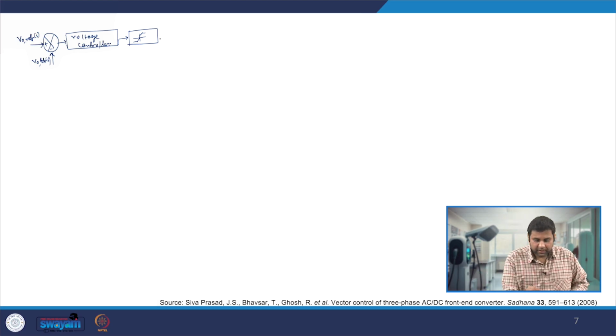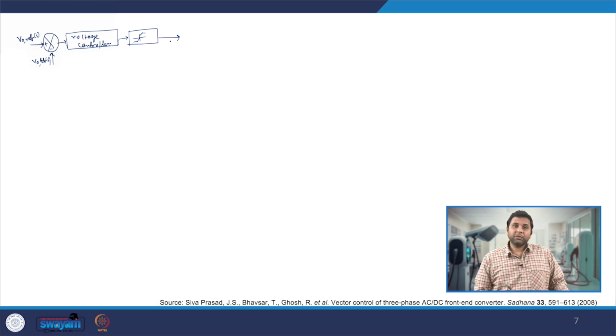This voltage controller, after passing through this limit term, since we know that we are doing the unity power factor operation, that means we are aligning our Is space vector along the Vs space vector. So we are ensuring our Q component of current is 0 and we only have the ISD component of current. Whatever change there is in the output voltage needs to be compensated, that means extra current to be drawn from the source or less current to be drawn from the source, and both have to be done using the ISD component.